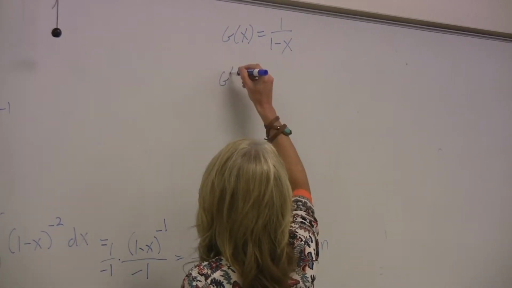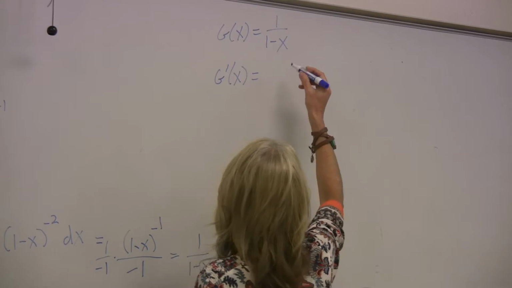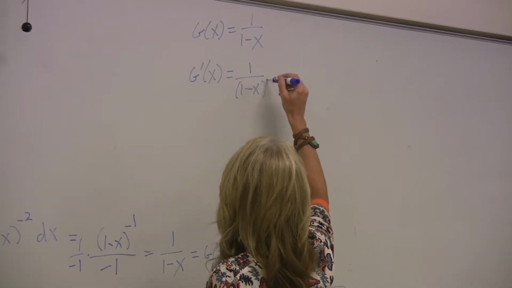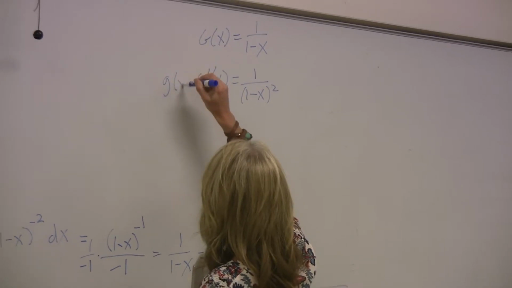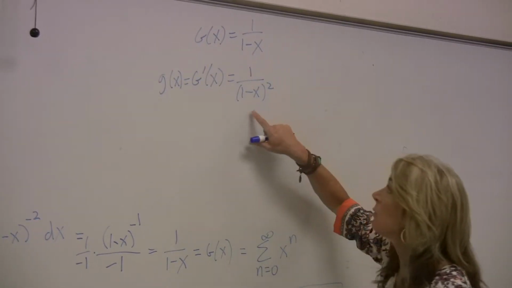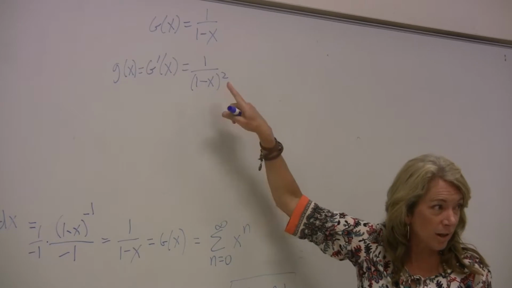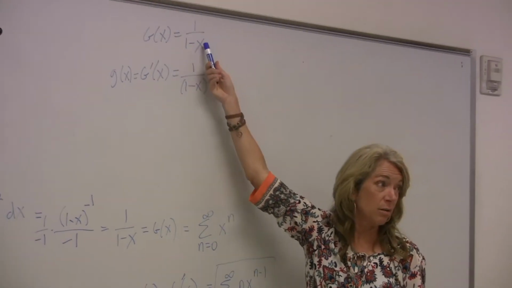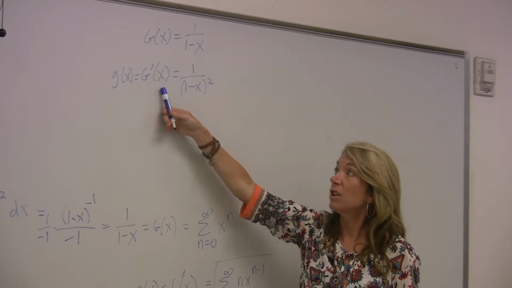Yeah, that's why I chose capital G. So this was my original function. I took the integral, worked backwards, and got this function, called it capital G. And the derivative of capital G is little g.